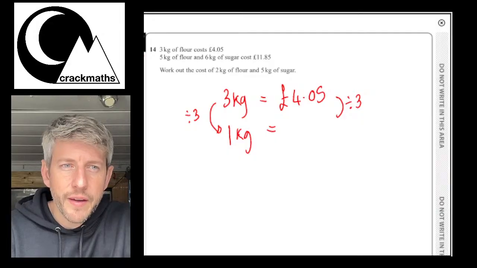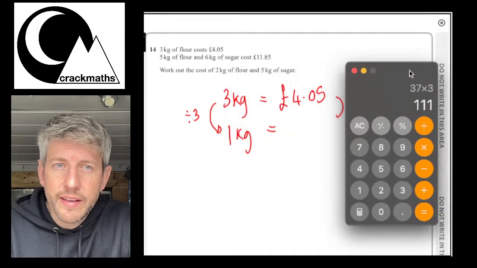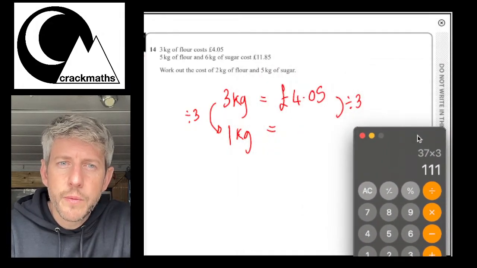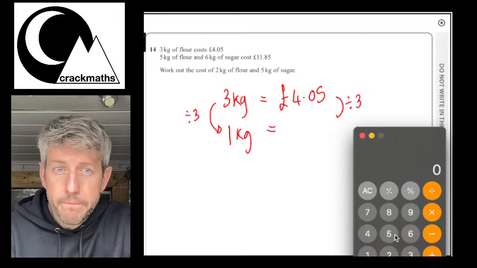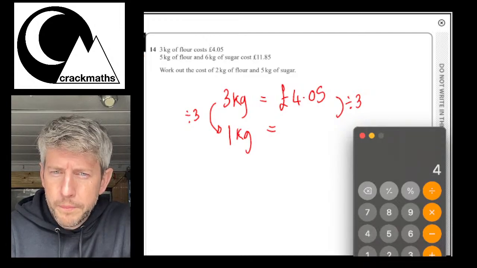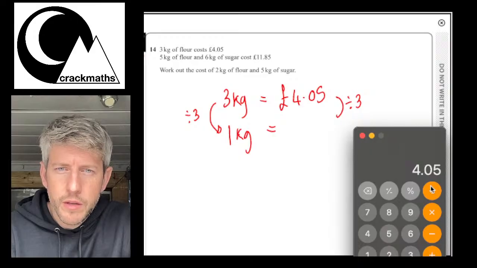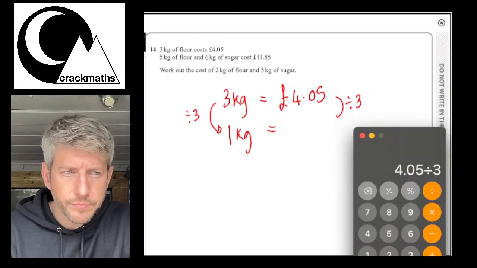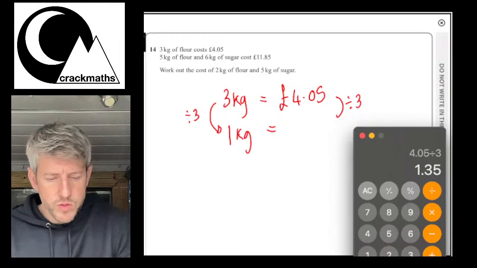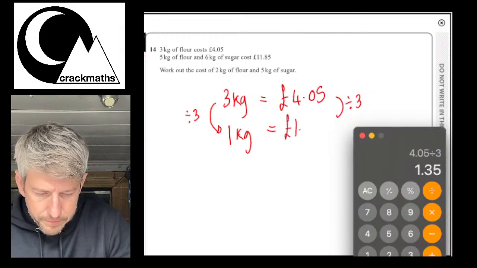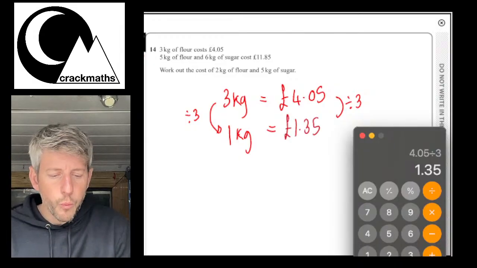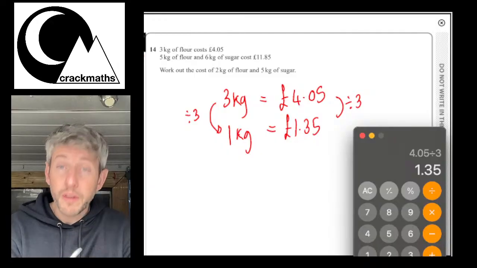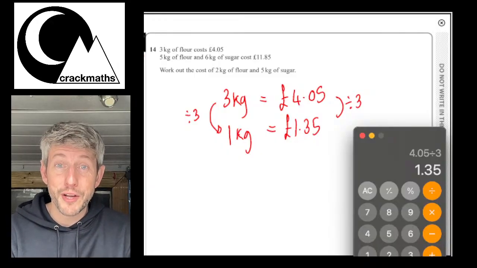Let me get out the calculator. 4.05 divided by 3 equals £1.35. So now we know that 1 kilogram of flour costs £1.35.